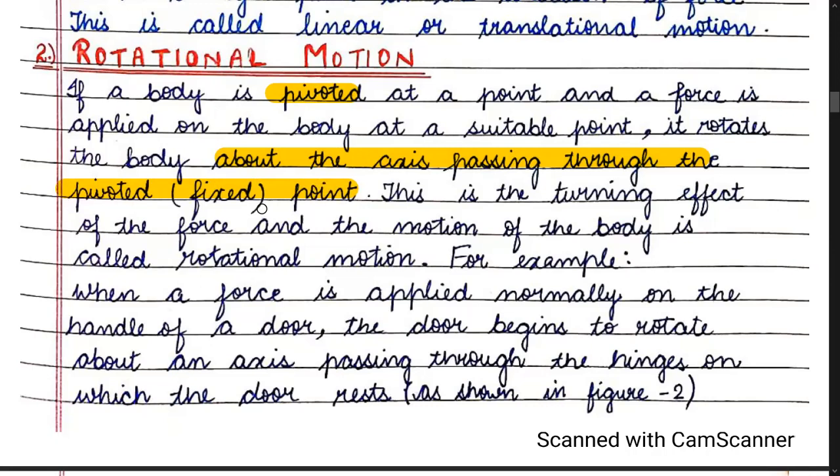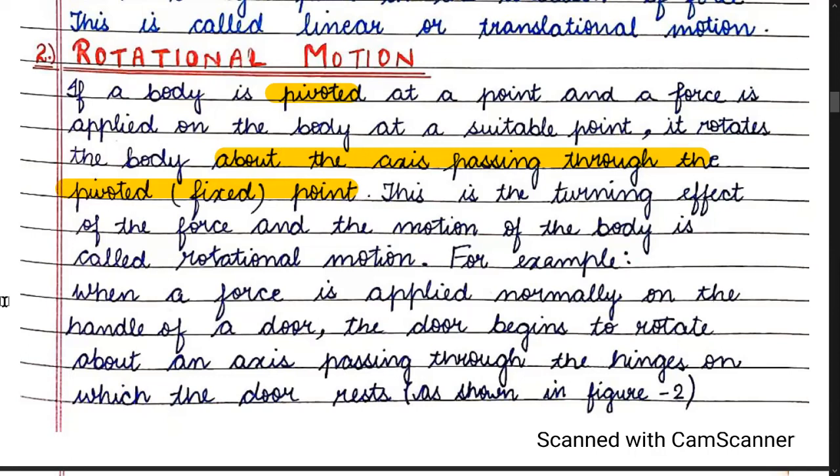If you fix a body from a particular point and apply a force at any other suitable point, then the body does not move freely since it is fixed from one point, but the body starts rotating on its axis.